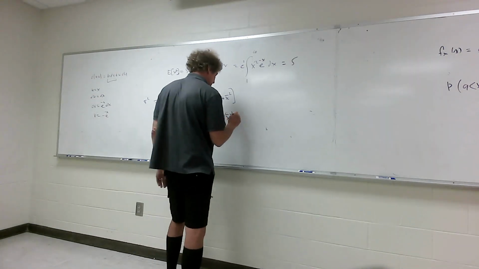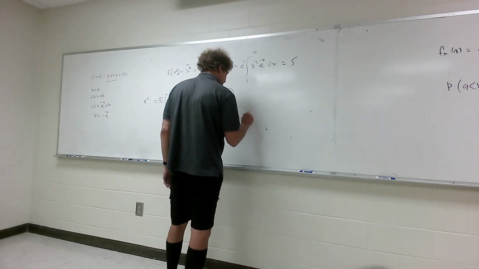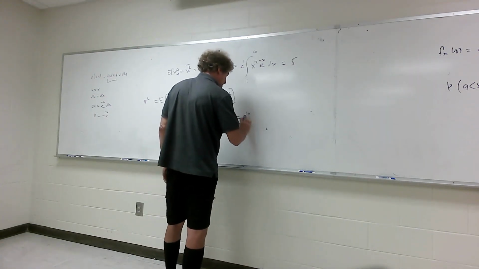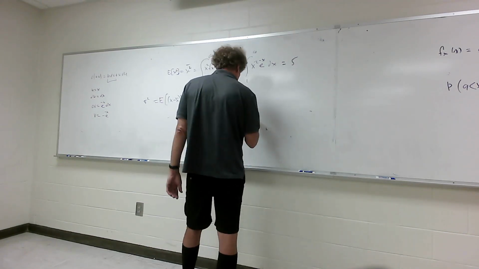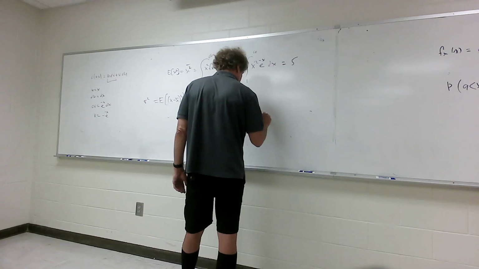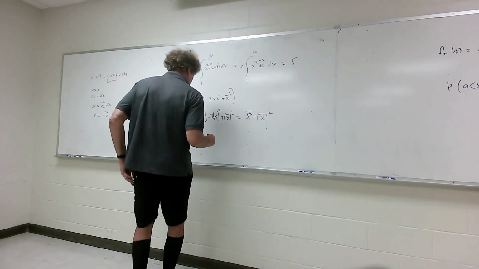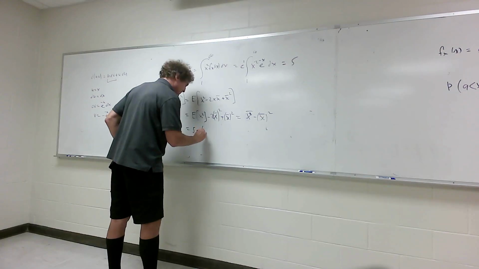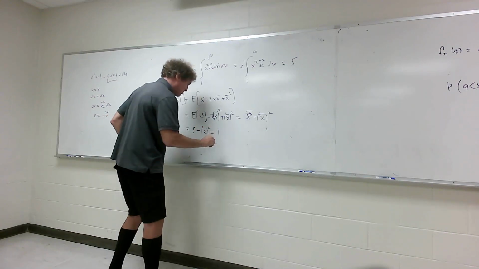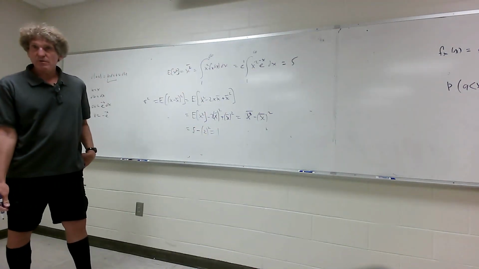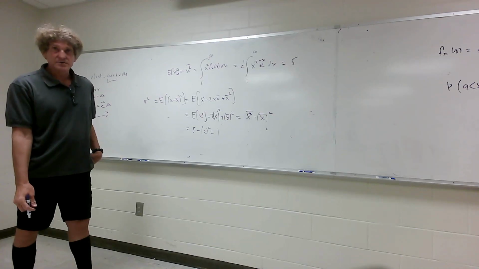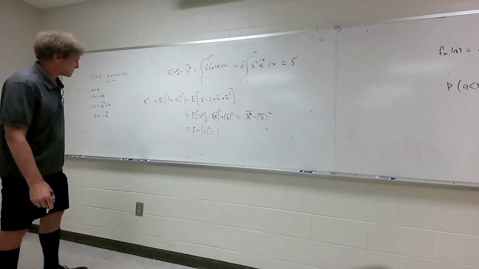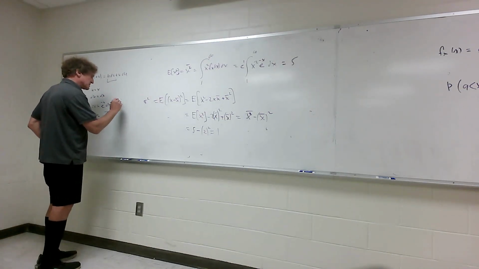So this is really expected value, or really, call it this, x squared bar, the mean squared value, minus x bar squared. So it's 5 minus, and it's 2 squared, which is 1. So that would be the variance. What's the standard deviation? That's variance.